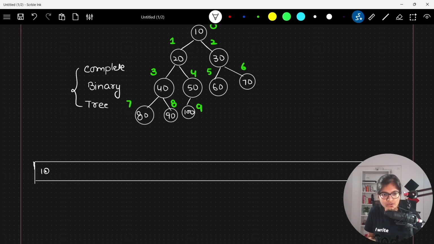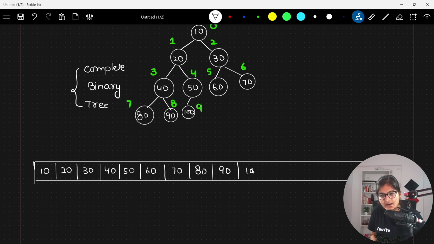So 10 will be stored here, followed by 20, 30, 40, 50, 60, 70, 80, 90 and 100. So this is the data structure with the help of which I will be able to store all the data elements that I have.